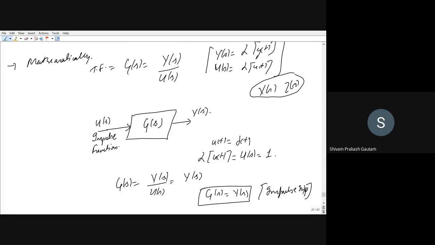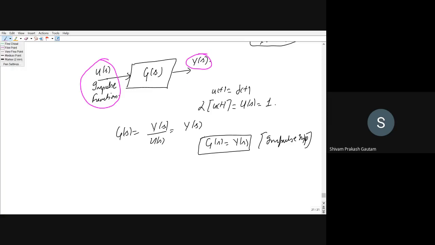If the input to a system or a plant is impulse, then to calculate the transfer function, you can directly take the Laplace transform of output, and that will be the transfer function. So that means the transfer function is the Laplace transform of the impulse response of an LTI system with initial conditions zero. That is what it means.